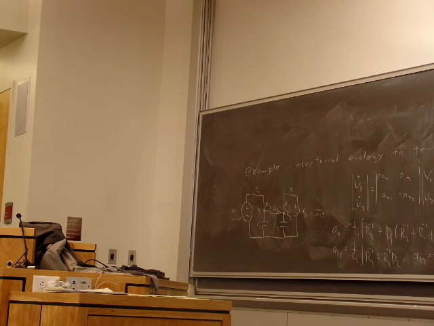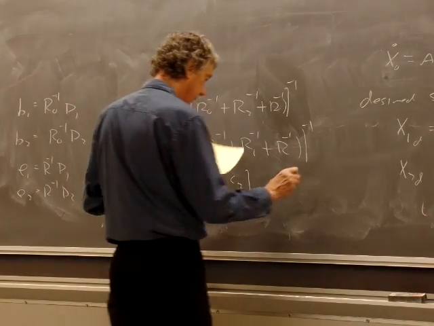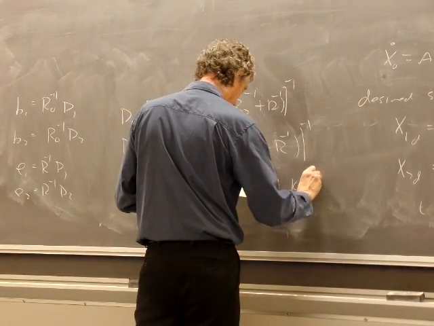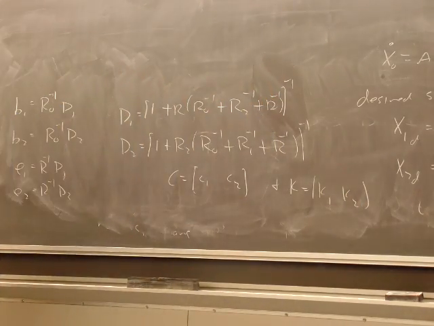All right, then I have our output, C1 to C2, and we have some controllers. We have 2 controllers, K1, K2.